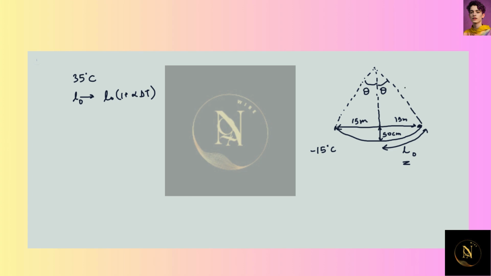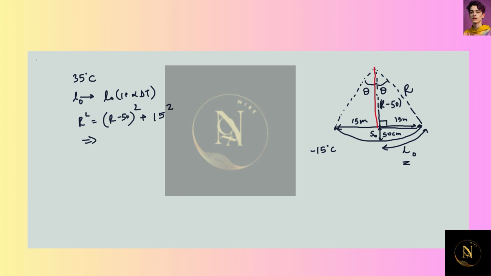Now, let's say this radius is R. Let's call this sag S naught. The initial sag is S naught, and this must be R minus 50 centimeters, R minus 50 being this length. So now, using the right angle triangle, R squared is equal to (R minus 50) squared plus the 15 meters, which forms the other side of the triangle, 15 squared.